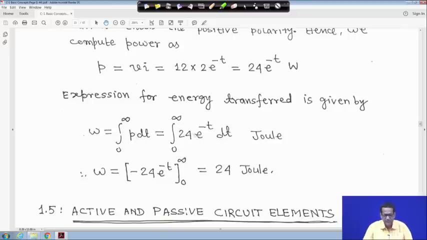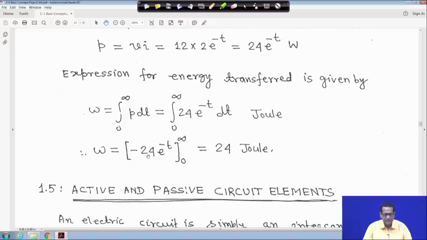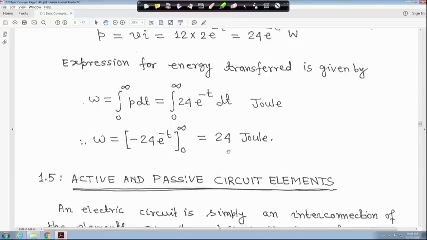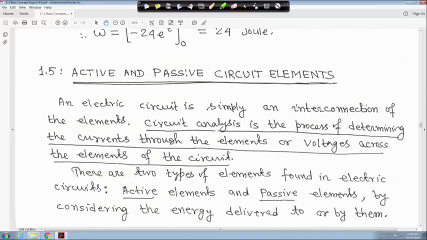So, it is the integral from 0 to infinity of 24 e to the power minus t dt. You integrate this, it will be minus 24 e to the power minus t from 0 to infinity. Put in these values and you get 24 joule. So, the energy transfer is 24 joule. I think this is simple and understandable to all of you. Slowly you have to understand each and everything.